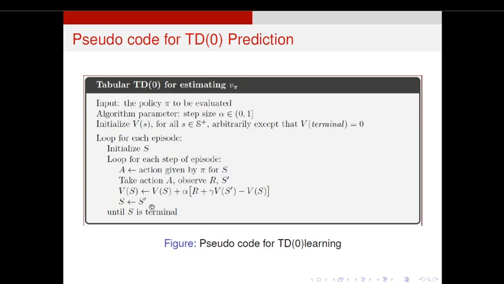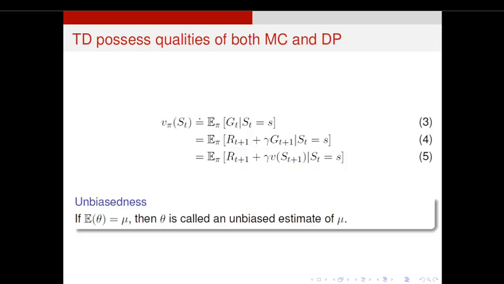Then we continue this till the terminal state is reached, that is one episode. Then we start with the next episode. After a long number of iterations, we get a consistent value for the state value V of s. At that point we stop this algorithm. So this is the temporal difference update in the TD0 approach.